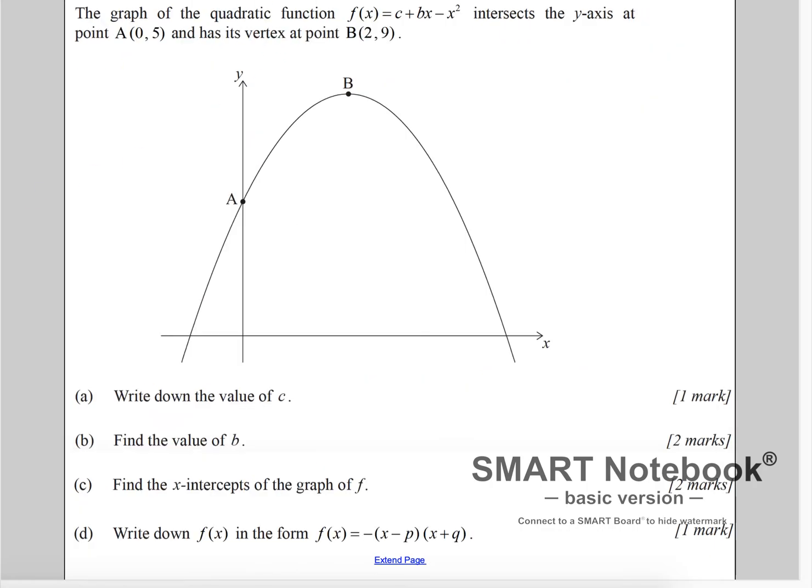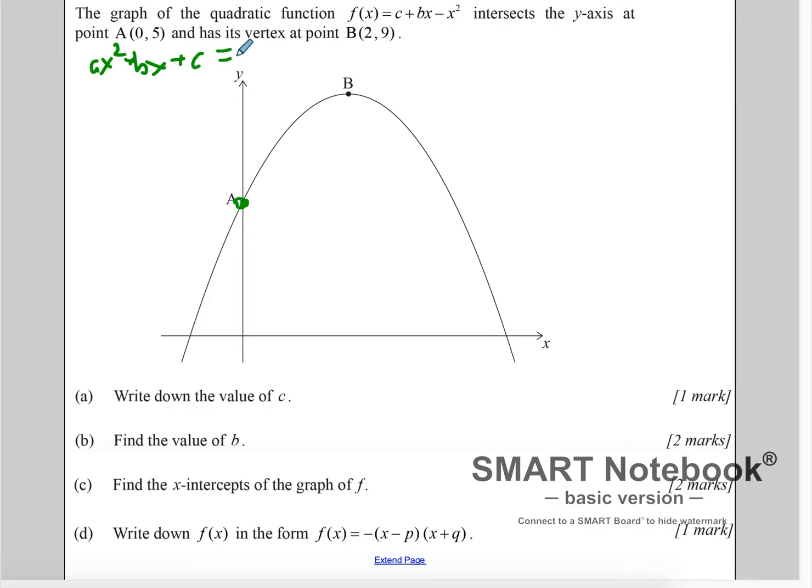Let's take a look at the last question that we're going to look at for today. The graph shows this. It intersects the y-axis at (0, 5) and has this vertex point. We want to write down the value of c. Okay, well, that's very easy because we've looked at this before and we know what our c value is when it's ax squared plus bx plus c.